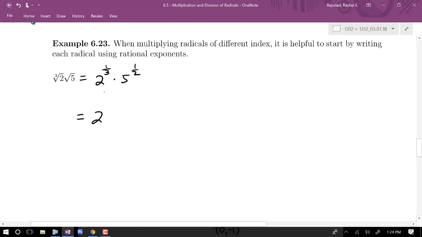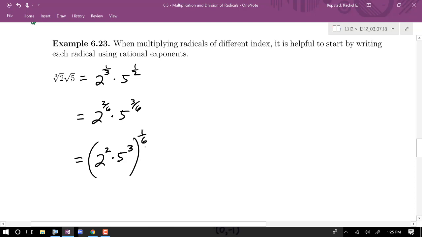I'm going to rewrite the 1/3 power as the 2/6 power, since the common denominator here is 6, times 5 to the 3/6 power. Now I could rewrite this as 2 squared times 5 cubed, ignoring the denominators for a moment, and then raise this whole product to the 1/6 power.